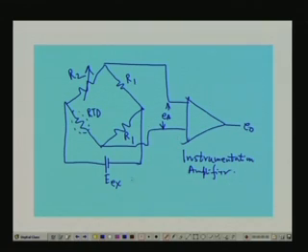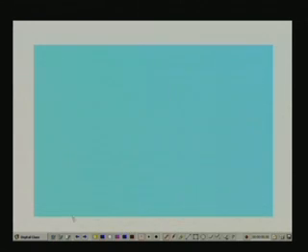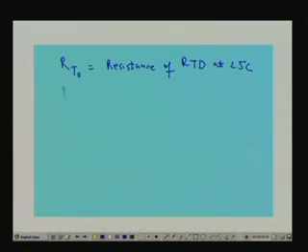We take Ex equal to, suppose, 10 volt, right. Let us take a blank page again. Now you see, the resistance of our RTD: RT0 is the resistance of the RTD at 25 degree centigrade, and RT is the resistance of the RTD at a temperature of T degree centigrade.